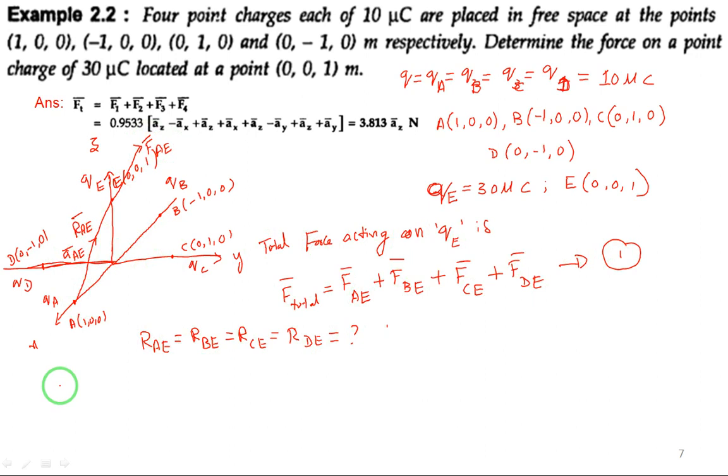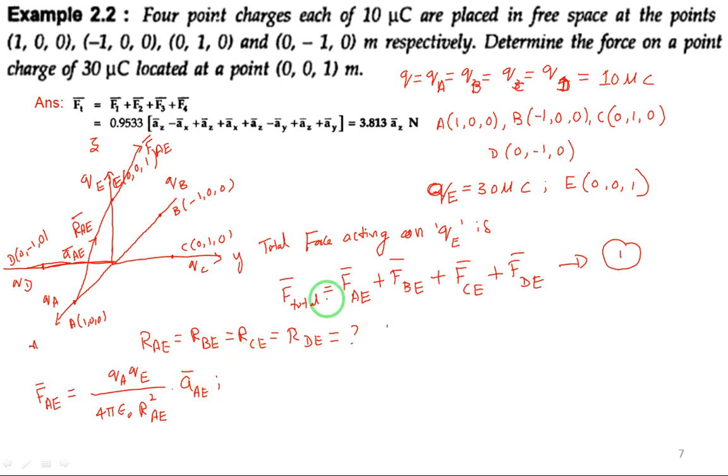Let me try to write the formula for FAE. The charge at point A is QA, and FAE is QA into QE divided by 4 pi epsilon naught RAE square into AAE. Similarly I can write the formula for FBE.